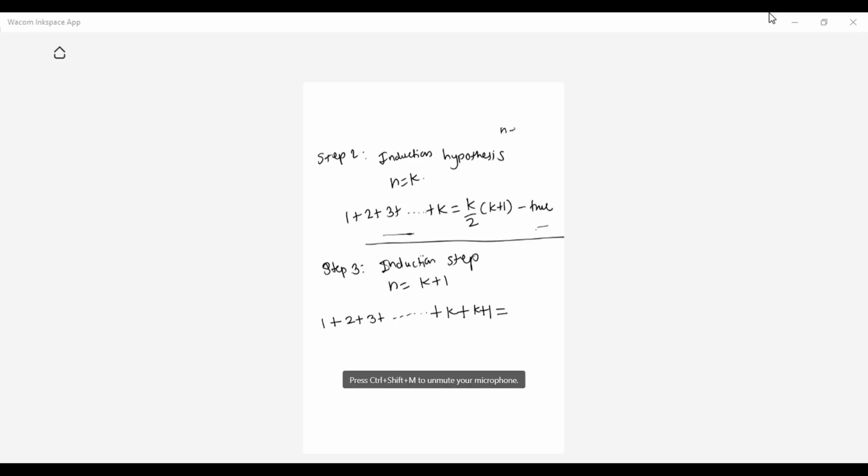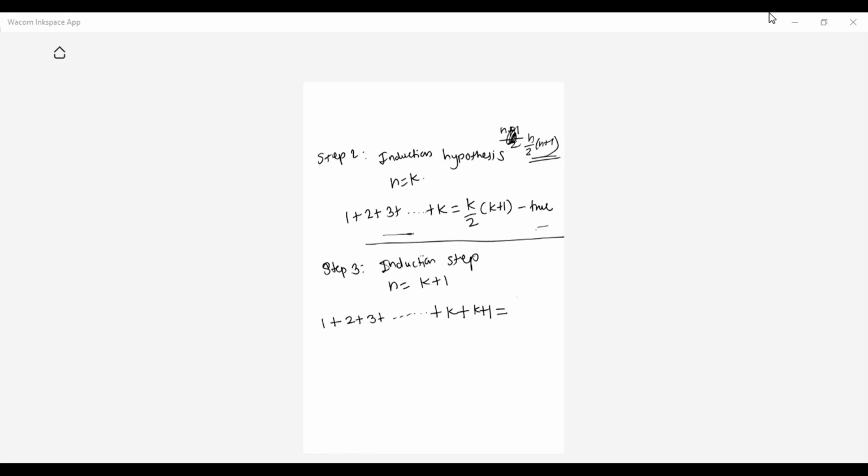RHS you are having as n by 2, n plus 1. This is the RHS you are having in the original equation. Now what you have to do is substitute n is equal to k plus 1 in the RHS. So what would it be?